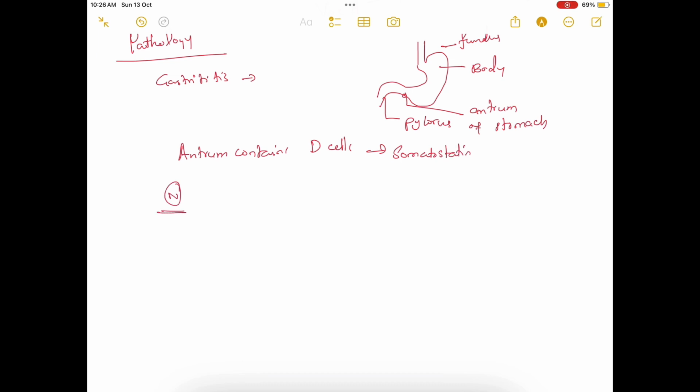In normal people, let's see what happens. The antrum secretes somatostatin, that is D cells. The somatostatin will block the secretion of gastrin. Gastrin is secreted by G cells, by the way, in the stomach. This will decrease the HCl secretion.